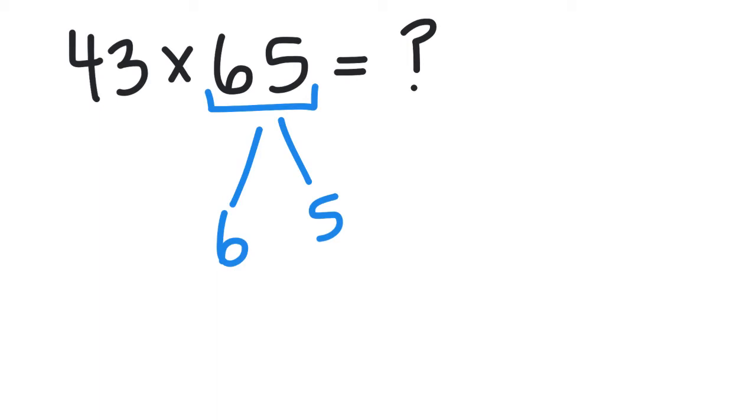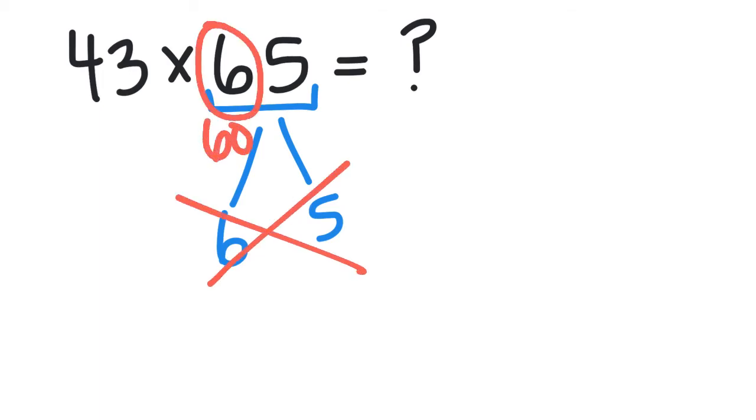But we know that this doesn't make sense because this 6 here is a 6D, not a 6. That does not work. When you are multiplying bit by bit, you need to make sure you're still paying attention to your place value.